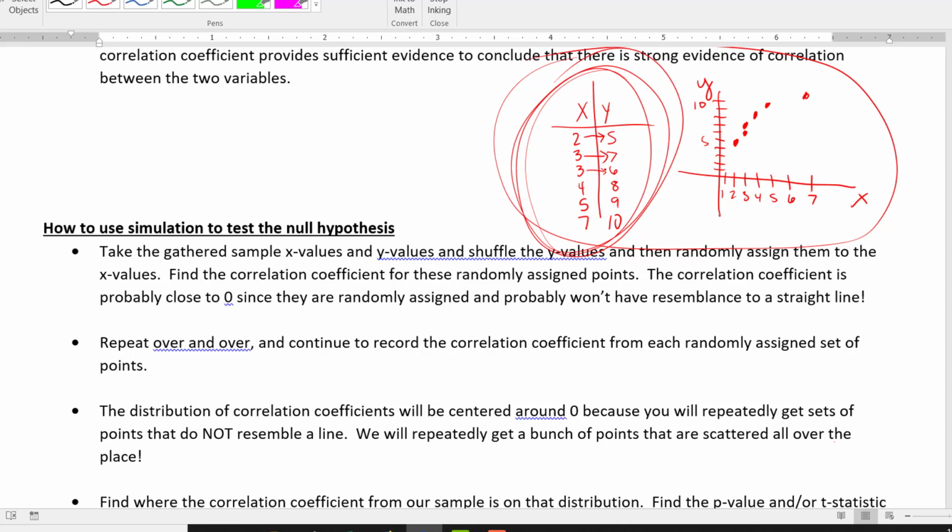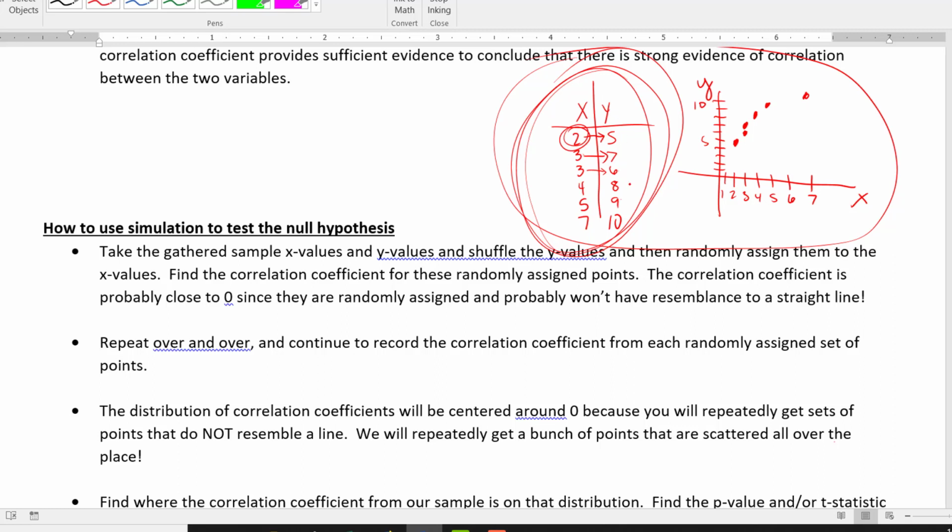What we're going to do is randomly reassign the x's to different y's. So we're going to have the computer take x equals 2, and instead of assigning it to 5, it's going to randomly take these y values and assign x equals 2 to one of the other y values, like 6 or 8 or 9 or 10. And then we'll have each of the x's randomly assigned to the different y's.